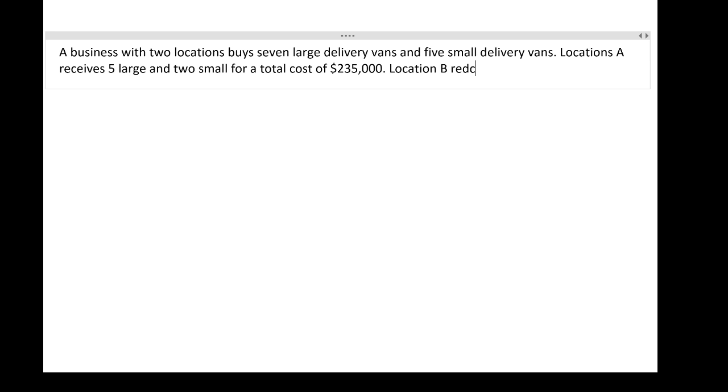Location B receives 2 large and 3 small. Oh gosh, guys, I got this all backwards. 7 large, 5 small. Location A, I'm sorry, I got these numbers wrong.